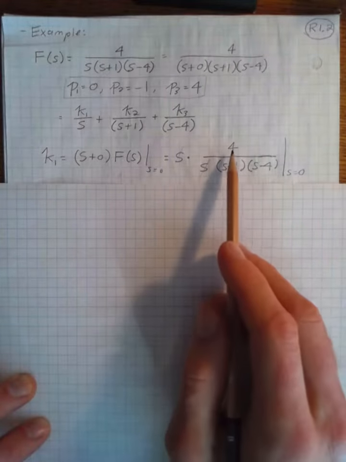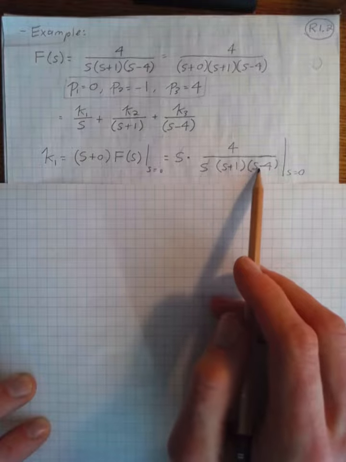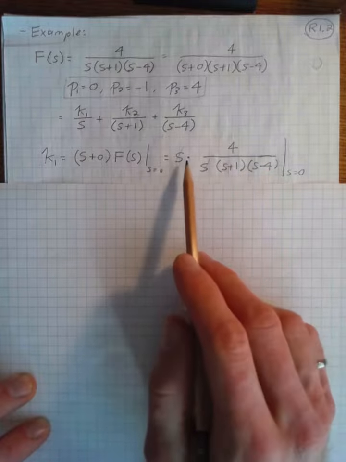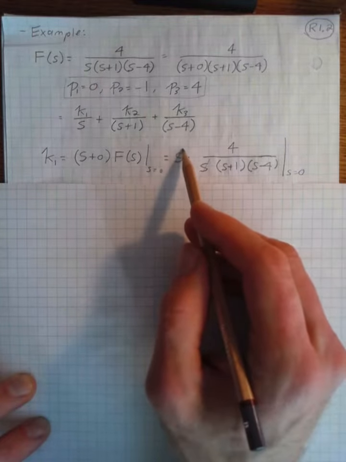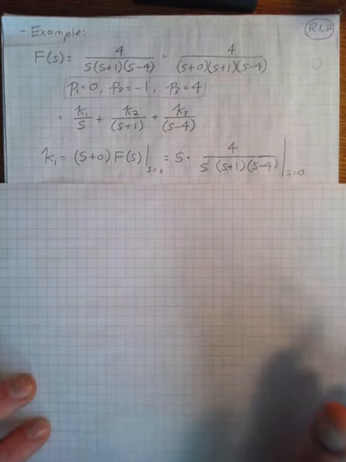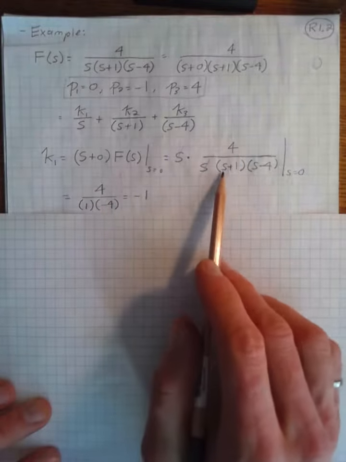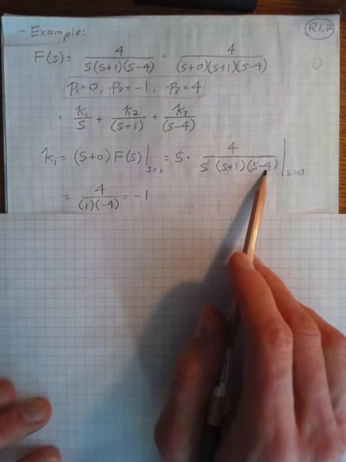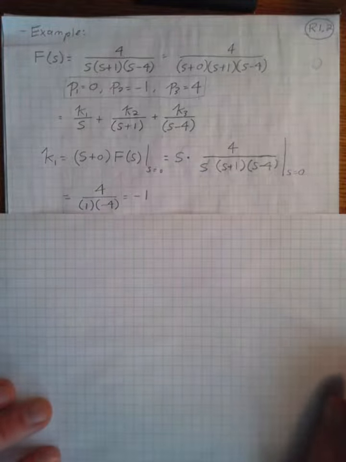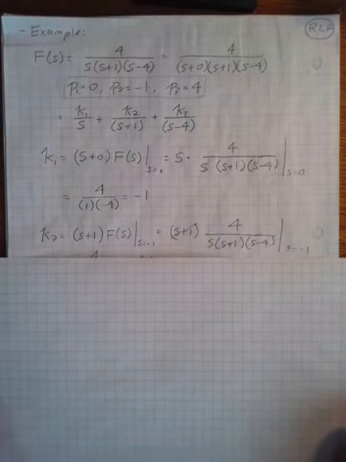And so that means we take our original function, 4 over s times s plus 1 times s minus 4, multiply it by s, so that, as I've indicated, these two terms cancel, and then we set s equal to 0. So that gives us 4 over 1 minus 4, or in other words, it gives us a value of minus 1.